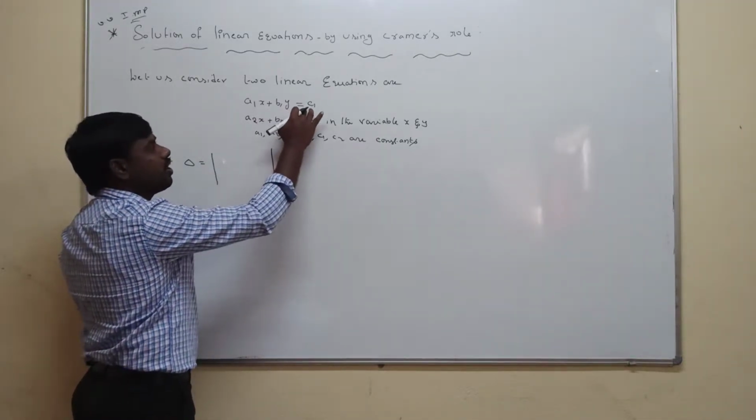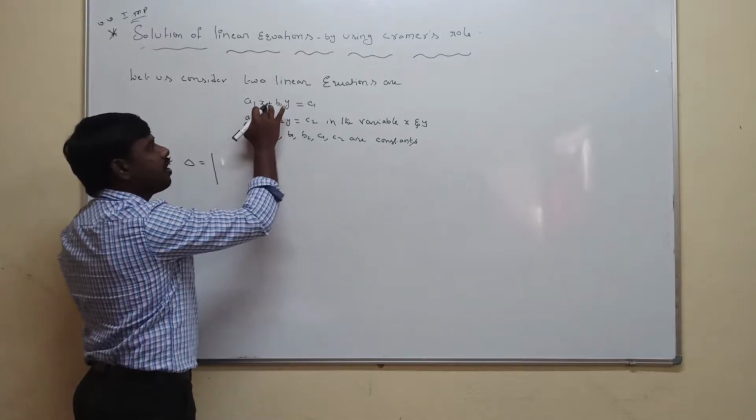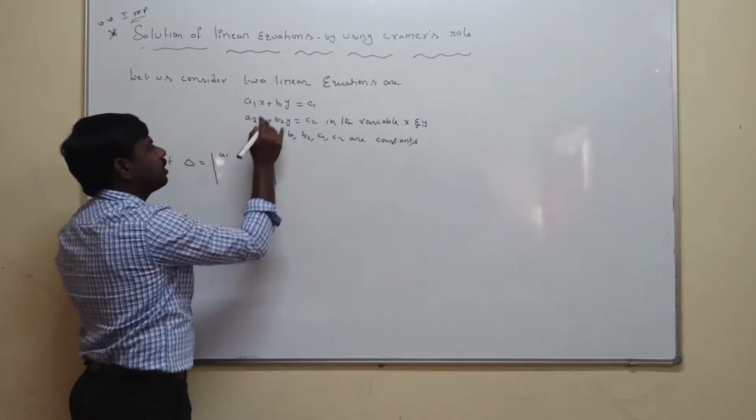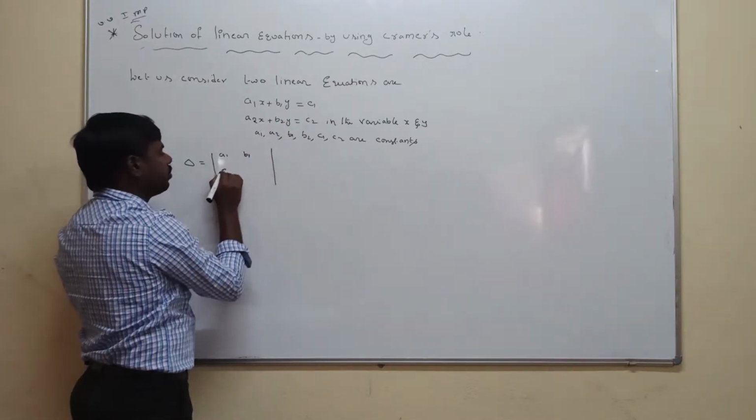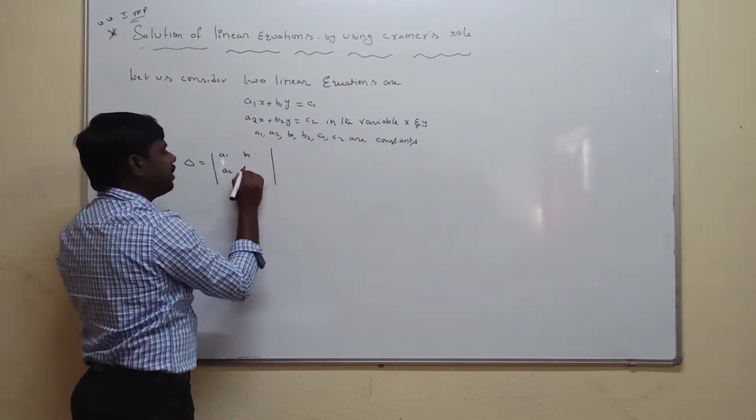So what is the procedure? Let delta be equal to the determinant of the coefficients of x and y. In these two equations, what are the x and y coefficients? The x coefficient is a1 and the y coefficient is b1. In the second equation, the x coefficient is a2 and the y coefficient is b2.